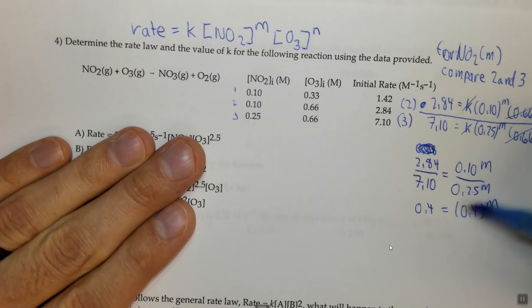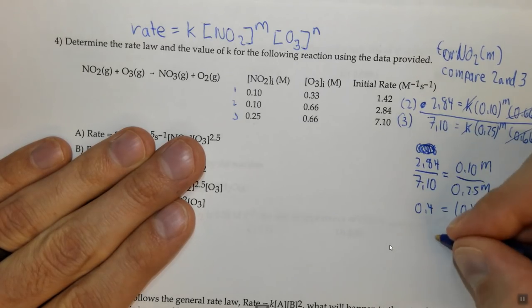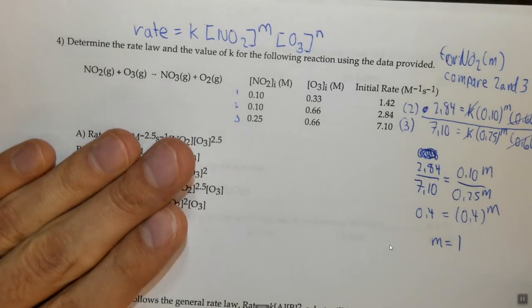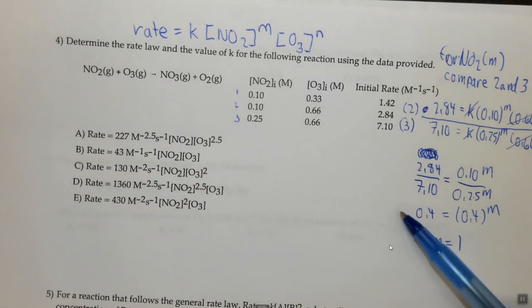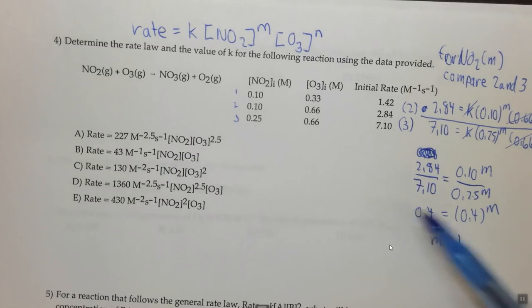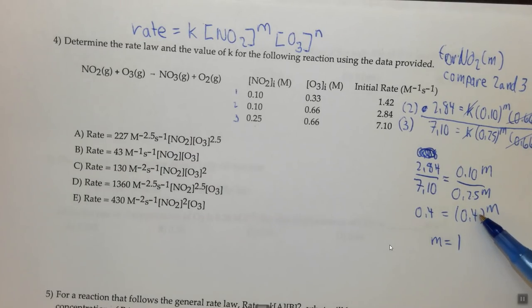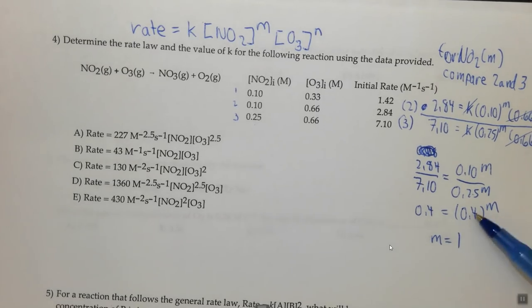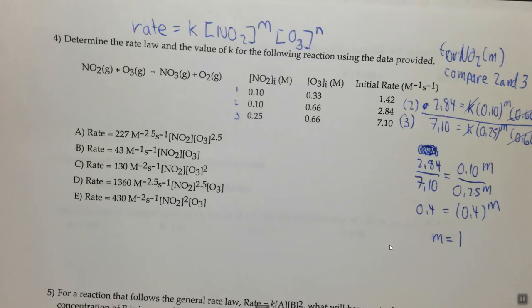Well, if 0.4 equals 0.4 to the M, then M equals 1. Now, if you had to actually do this, you could take the log of both sides: log 0.4 equals M log 0.4, then divide log 0.4 by log 0.4, and you'd find that M equals 1. But because these are the same number, you don't actually need to do that math.